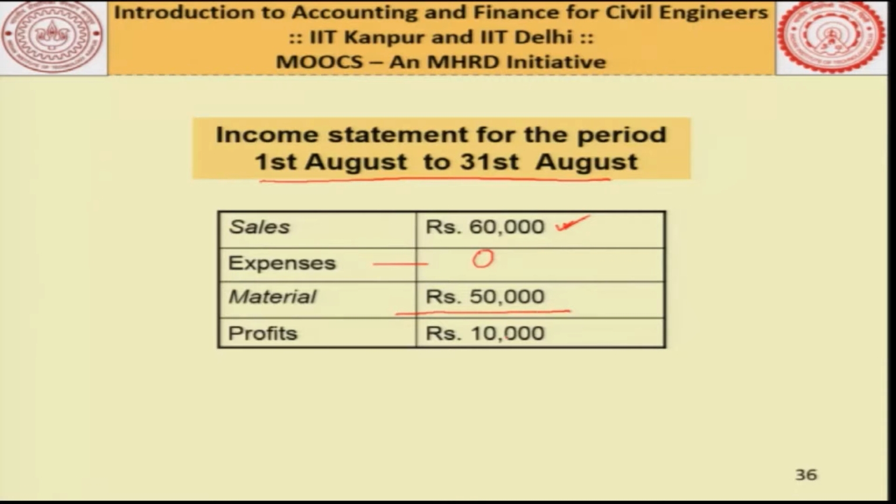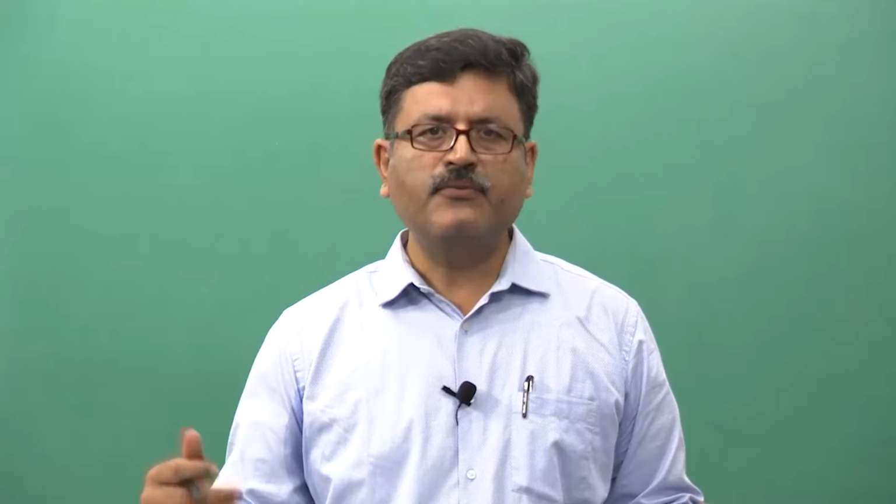Material was worth rupees 50,000, so you made a profit of rupees 10,000. So you can see from all these transactions how assets and liabilities change and how your balance sheet changes. This was an informal way of understanding the balance sheet. What you have to understand here is that with every transaction your balance sheet changes.